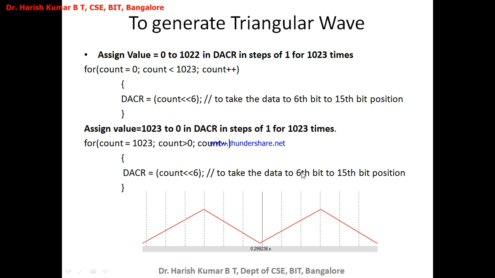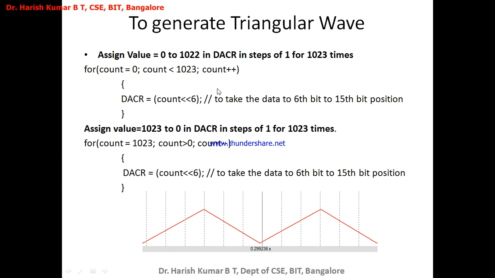I take 1023 to the position 6th bit to 15th bit, and then assign it to the DAC. This point is plotted again, and in the next iteration count is decremented. It becomes 1022. So it's somewhere here. The next point, next 1021, 1020, 1019, 1018, it comes, and finally it has reached 0. And again these two loops are repeated in a while loop, so you get continuous waveforms.